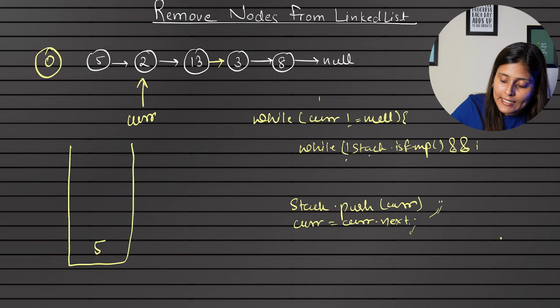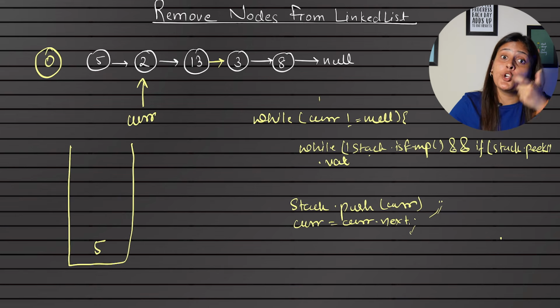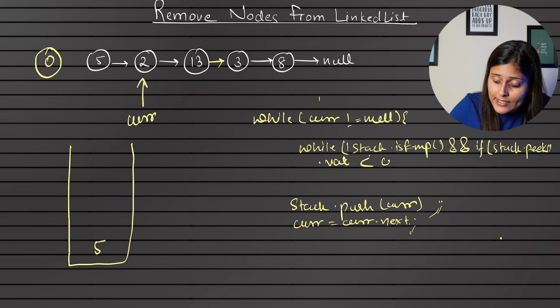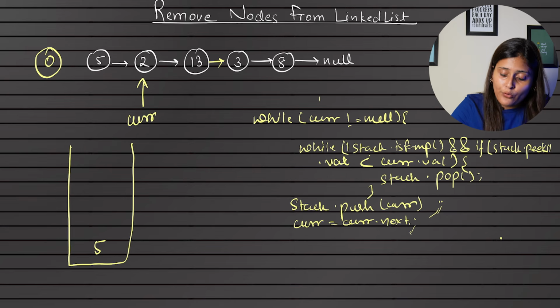So we write if stack dot peek dot value, because in the stack we have stored nodes, so with value we can compare, if it is greater than current dot value. If it is greater, then for sure we need to pop. So we write stack dot pop. For 2 we check, is it greater? No, it's not. So we come out.